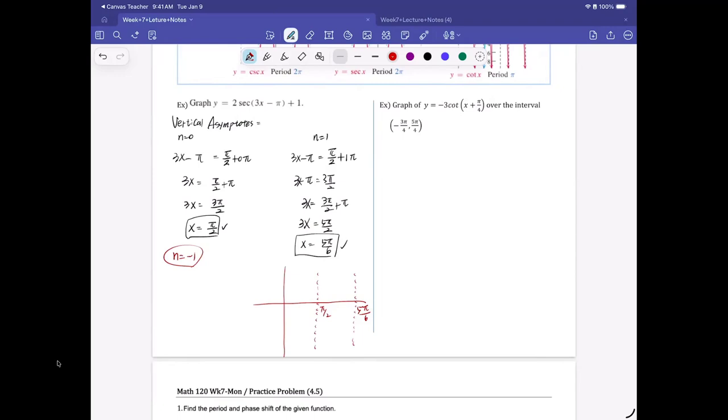So, but when n is -1, then see what happened. Oh, good. Pi over 6. So that means pi over 6 is this.